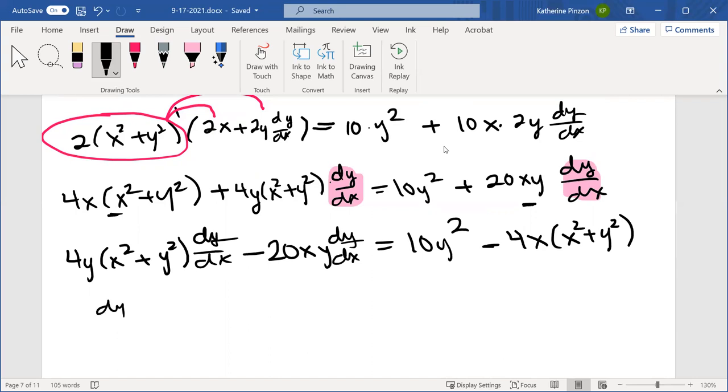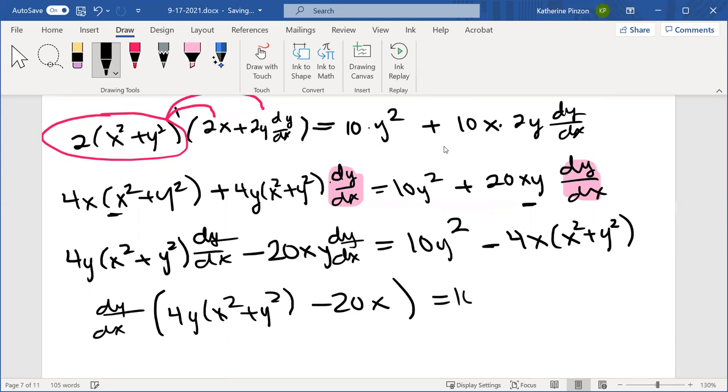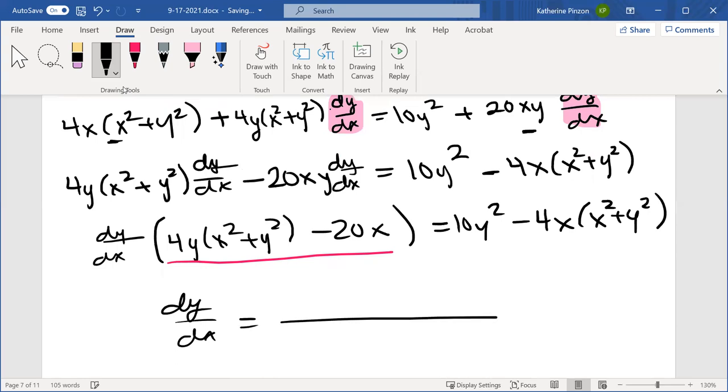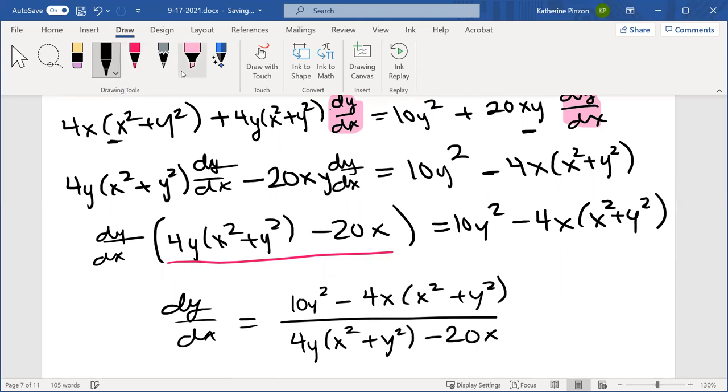Okay, factor out my dy/dx: 4y times (x squared plus y squared) minus 20x. And then the last step is to divide by all that gobbledygook. So the numerator is the right-hand side, 10y squared minus 4x times (x squared plus y squared), over 4y times (x squared plus y squared) minus 20x.